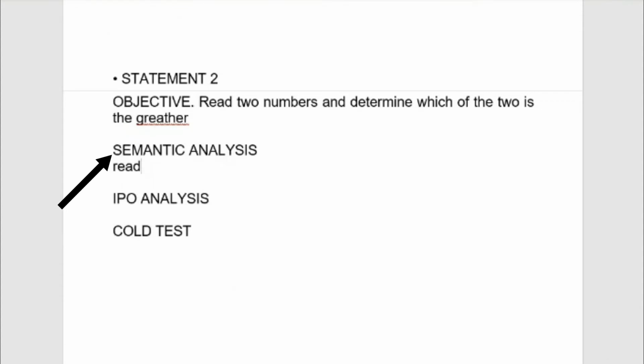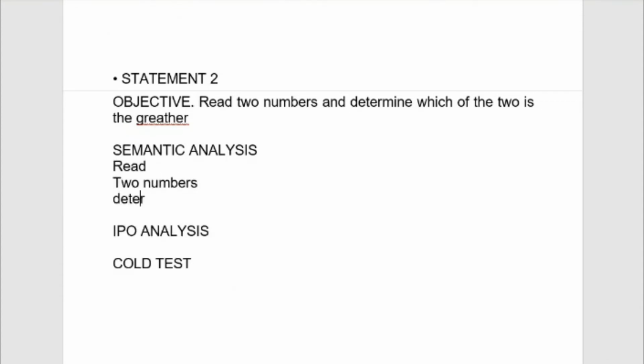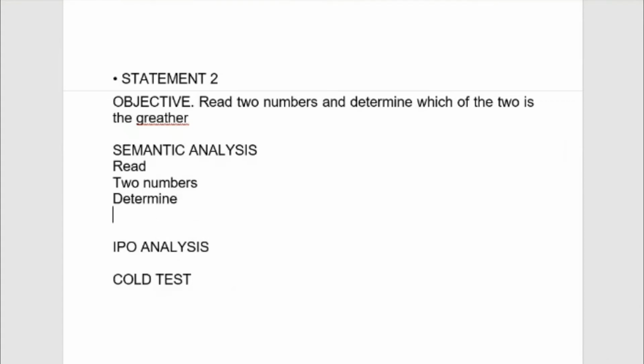Read two numbers, determine, greater than. Right? Okay. What is read in the terms of computer programming? We receive data from the keyboard, right? What is two numbers? It means two values.